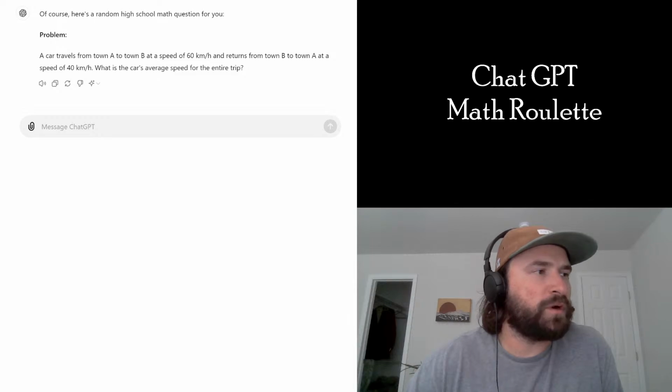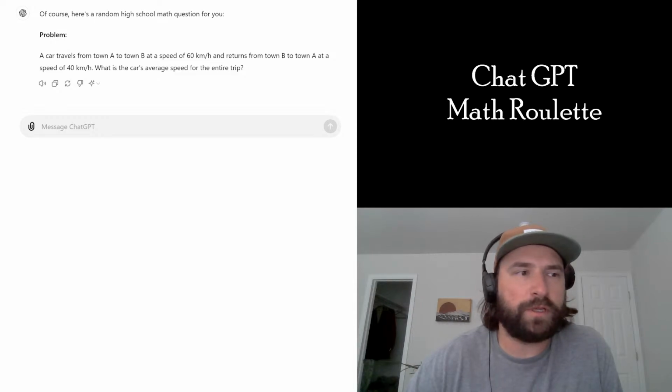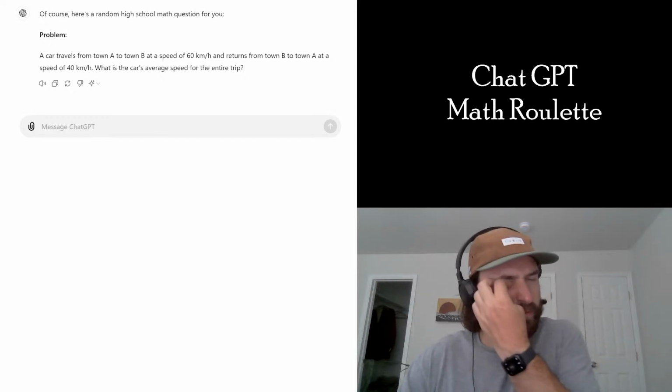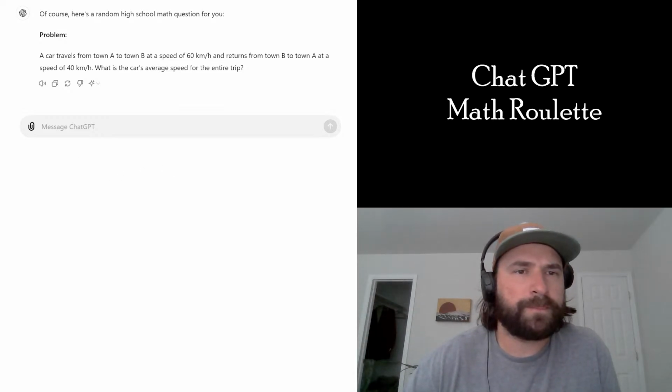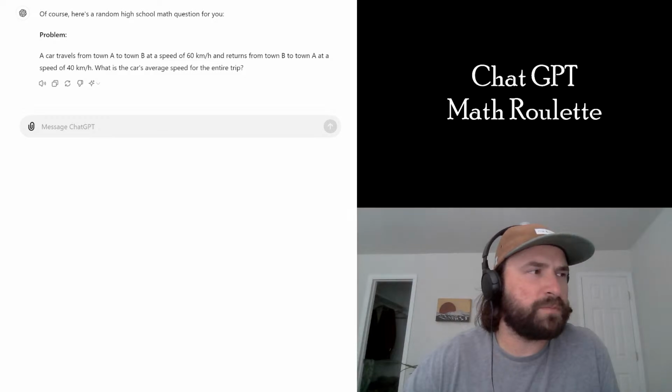So the 40 is more heavily weighted. I feel like it's going to be 48. Or maybe 46.66. Okay, well, let's plug in a random distance and see if we can figure this out.